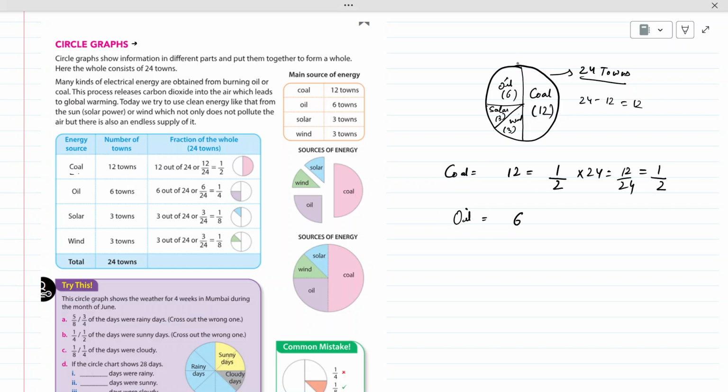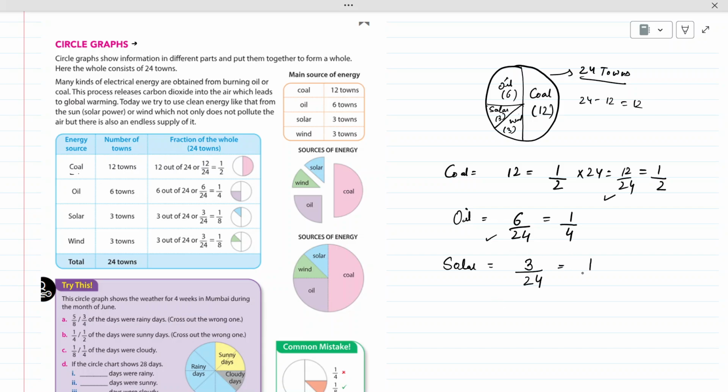So for oil, it is going to 6 towns, and this 6 is 6 out of 24. 6 out of 24 is 1 by 4 as a fraction. For fractions, we will always take the whole. Here also we are taking the whole, here also we are going to take the whole. Now for solar energy, if we want to see the fraction, it is 3 divided by 24. 3 out of 24 towns.